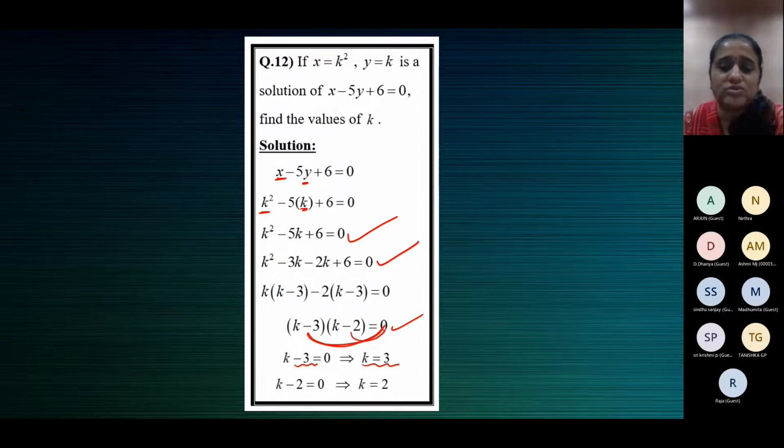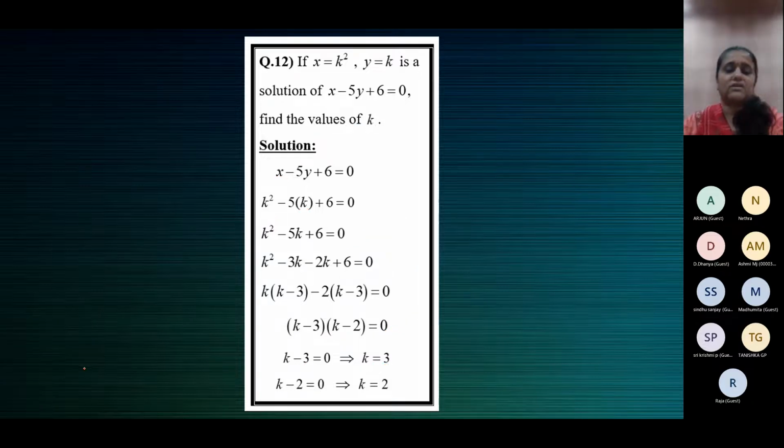Or if k minus 2 is equal to 0, on solving, you get k is equal to 2. So the values of k are 3 or 2. K can be 3 or 2. It cannot be both at the same time. K can take the value 3 or it can take the value 2.